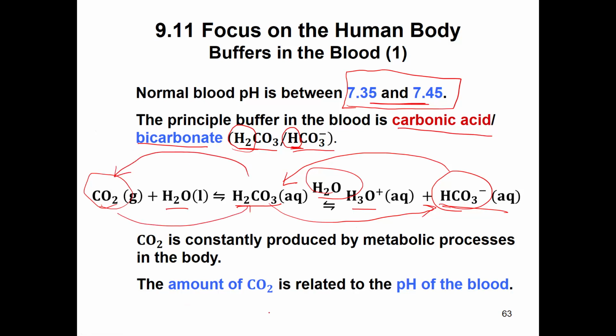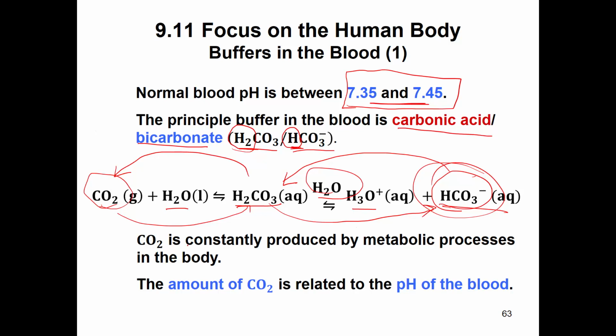If the pH starts to go up, you can grab those hydrogen ions and go back to carbonic acid. If your pH starts to go down, you can accept those hydrogen ions with your bicarbonate. If you need to get rid of some, you can also do that. So either way, you resist the increase or decrease in pH.